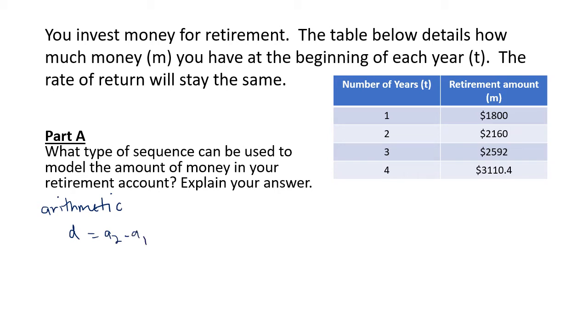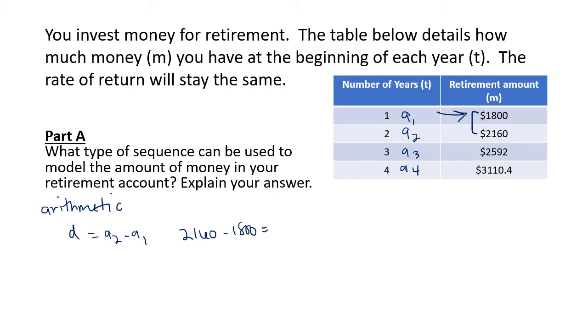So if I go over here, remember that each of these years you can treat as terms because this is a sequence. I'm going to see if these two terms, when I subtract them, are the same, if I get the same difference throughout my values.